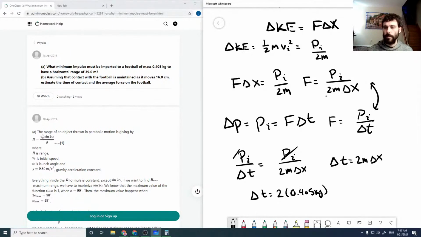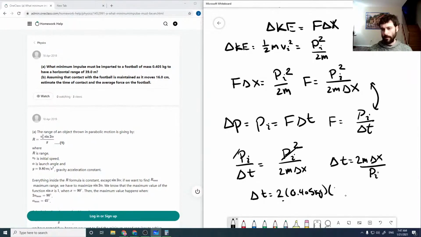Oh, sorry, that was P squared over 2m. That's why everything kind of fell apart on me. So relating these two expressions, our delta T is 2m delta X over Pi.